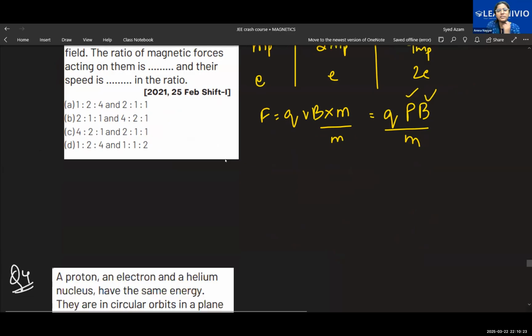So from here, the force ratio F1 is to F2 is to F3 will be equal to charge by mass.